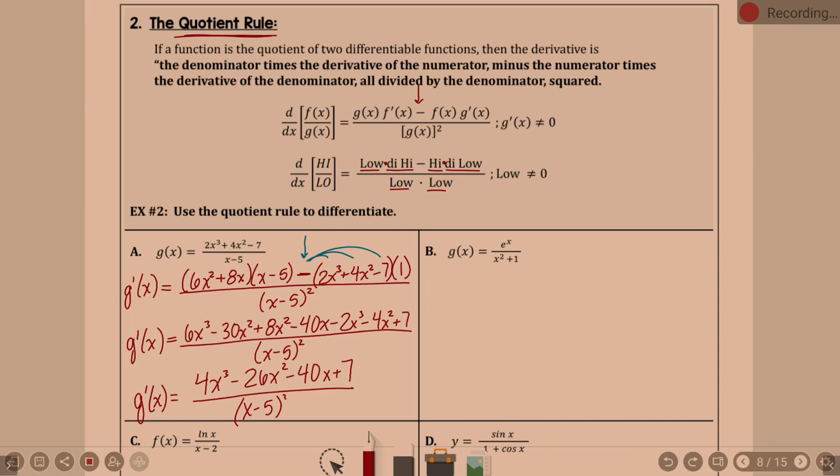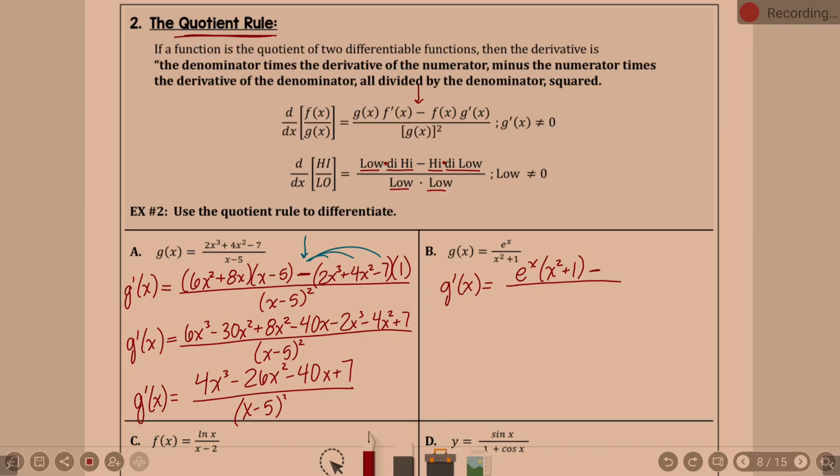Okay. G of x, e to the x over x squared plus 1. This is one you're going to have to use quotient rule on, because you can't divide that out, not with the e to the x up there. So, derivative of the top, derivative of e to the x is e to the x, times the denominator, so times x squared plus 1, and then what?